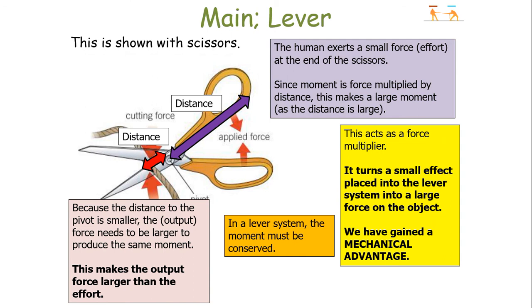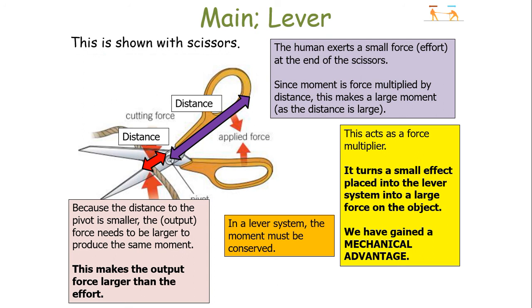Another example is scissors. So you put your hands into the loops of the scissors, and these loops are quite a distance away from the pivot, the screw of the scissors. So when you exert a force, because the distance is quite large comparatively, it will produce a moment of a certain size.